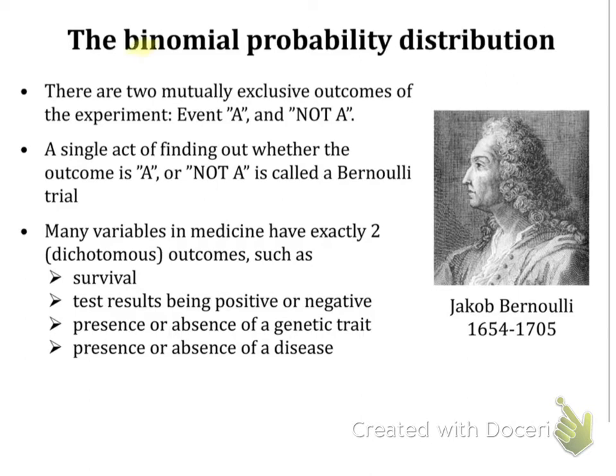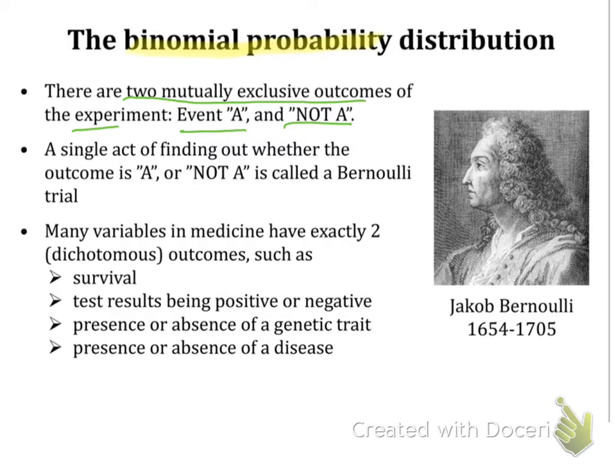The word binomial probability means that we have two outcomes only. There are two exclusive outcomes of the experiment, for event A or not A. A means it will happen, not A means it will not happen, and both of them are complementary. So if the probability of A is 0.2, the probability of not A will be 0.8.